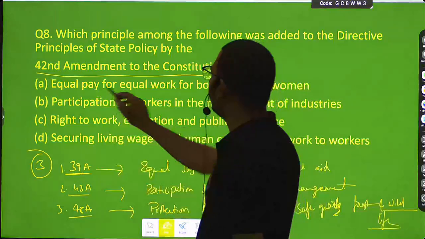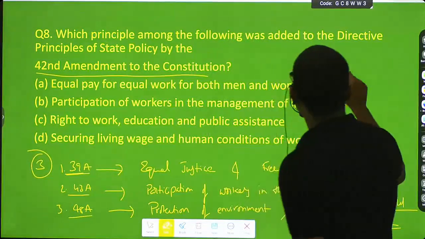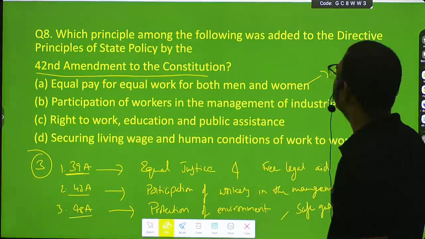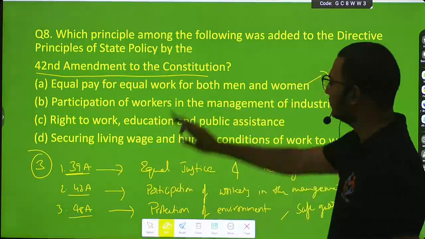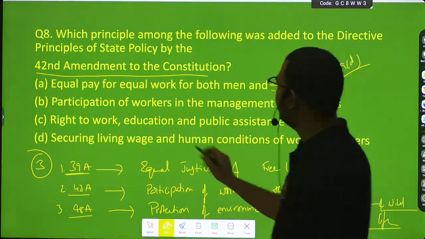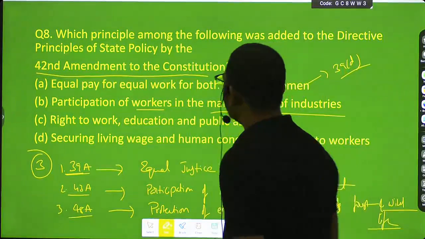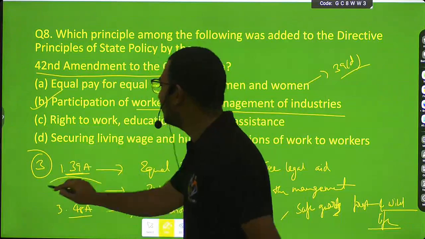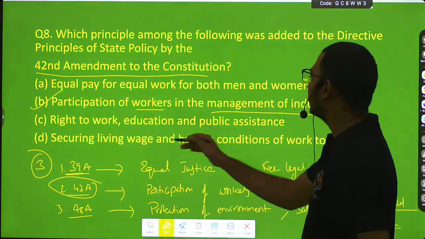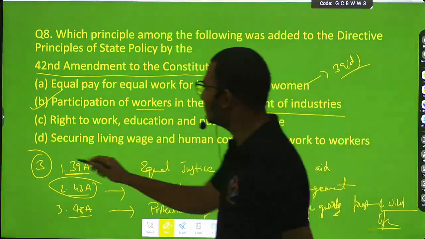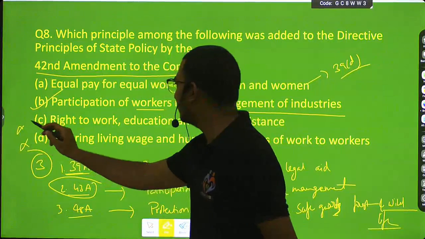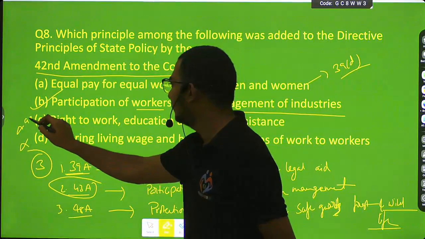So equal pay for equal work is part of Article 39 clause D. So this is already there in the Constitution. So this is not the case. Participation of workers in the management of industries. Yes, I have told you, 43A. Right to work, education and public assistance. So this is also not. This is Article 41.